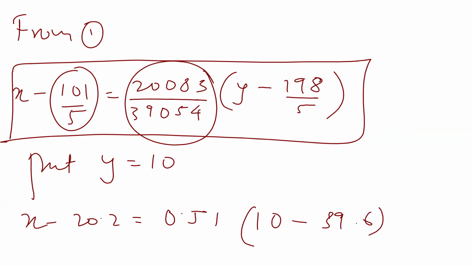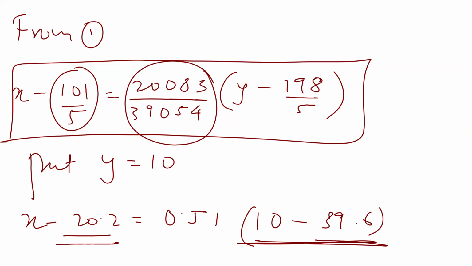Okay, so what I'll do is I'll just multiply this 10 minus 39.6, that is minus 29.6, into 0.51 that is minus 15.096, and this minus will be plus on the right hand side.